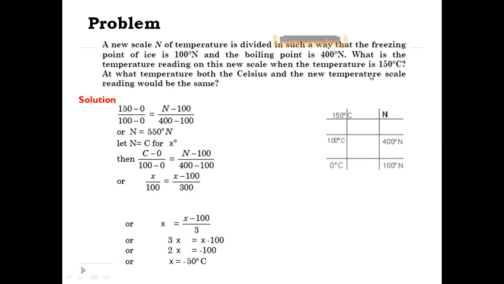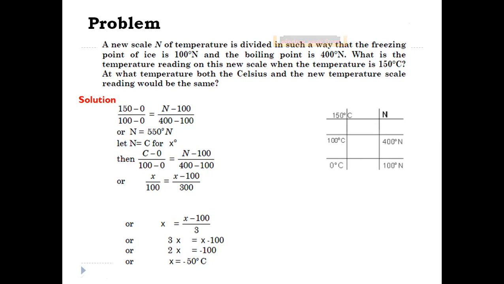So if you plot the same data in the form of a scale, they have discussed two points here. First one is the freezing point and second one is the boiling point. For water, the freezing point we take as 0 degrees centigrade, and the boiling point we take as 100 degrees centigrade.